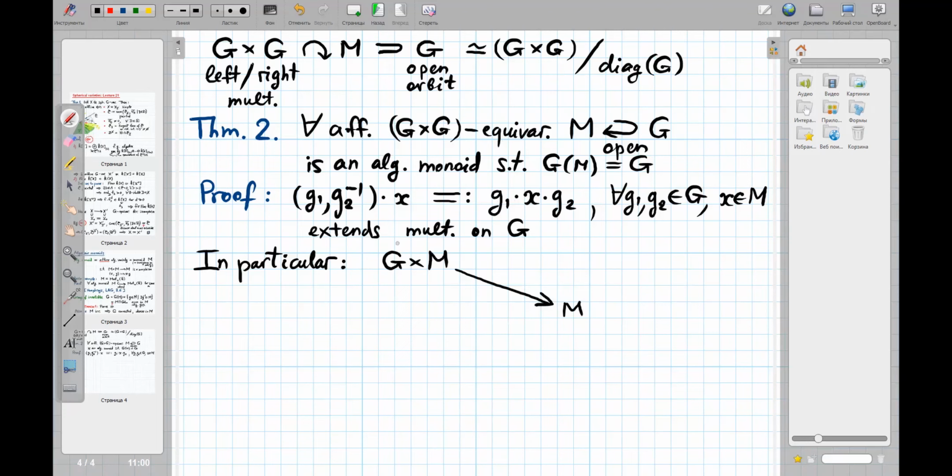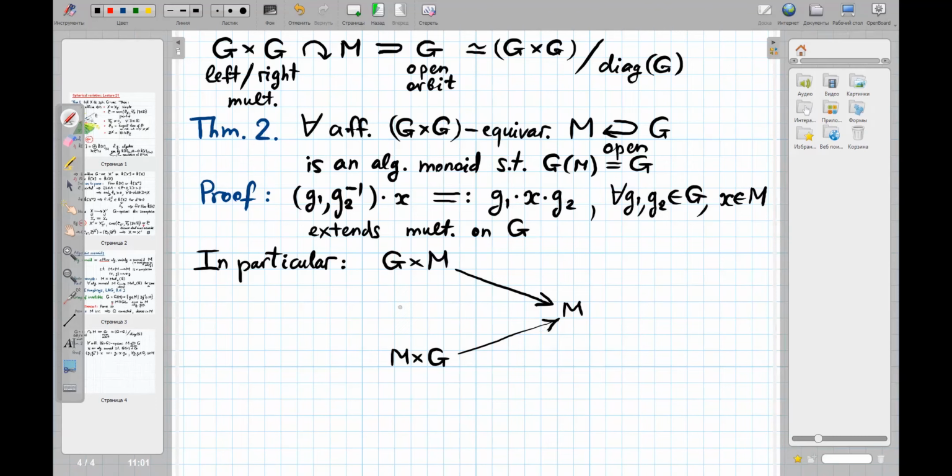We get the map from G cross M to M, this action map or multiplication map, if you like, by this notation. And similarly, if you take G1 equal to the unity, then you get a similar map from M cross G to M, the action of G2 on the right, or the multiplication of G2 on the right.